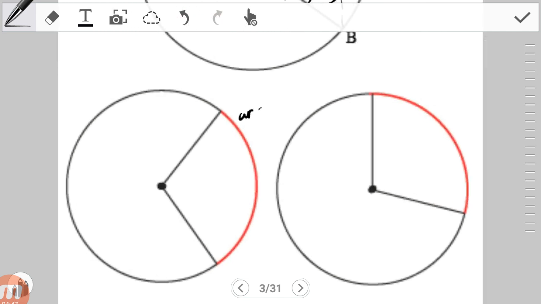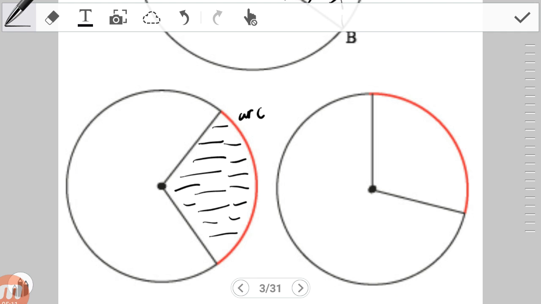This red one here is known as the minor arc, and the black one continuing around here is known as your major arc. Inside here, later on in future tutorial videos, if you request it, we're going to talk about this region of the circle that is known as your sector.